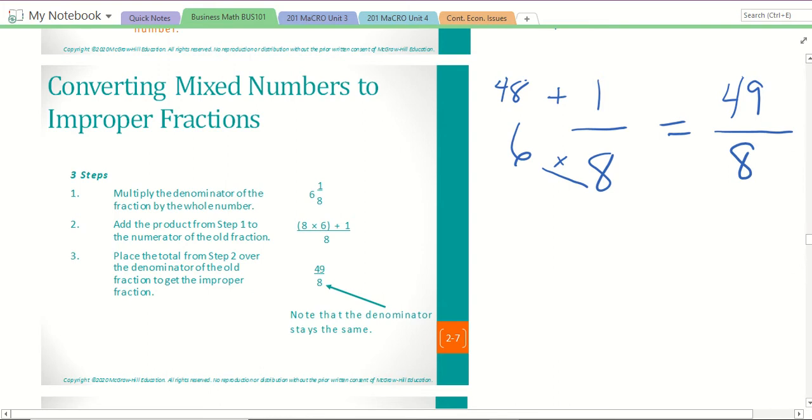So 49/8 equals 6 1/8, but if we want to turn it into a fraction, we can do that, which helps us when we work with division and multiplication and stuff like that with fractions.